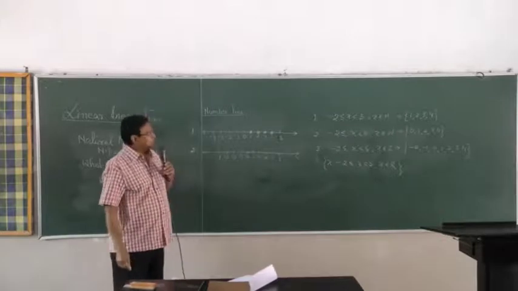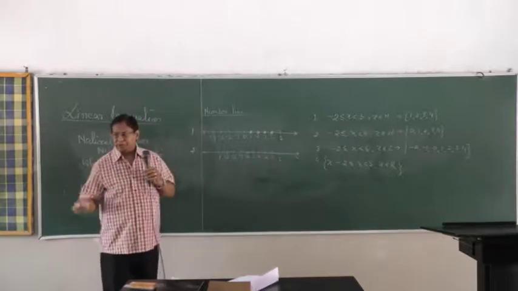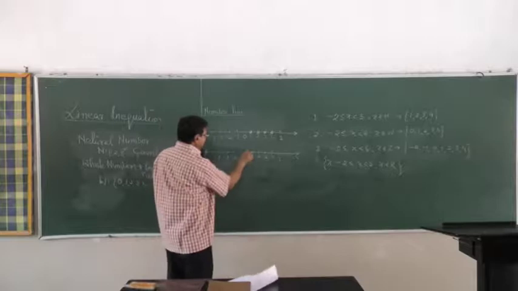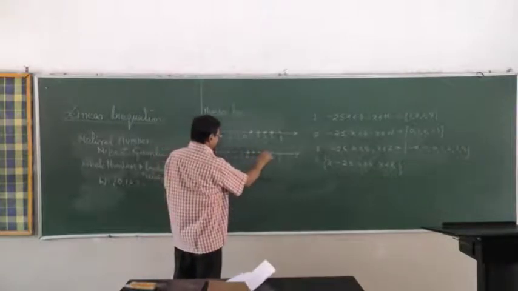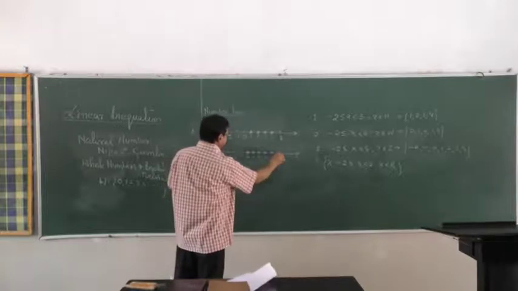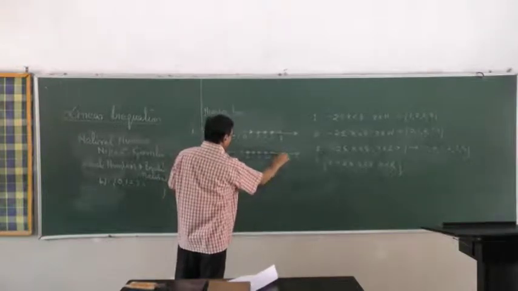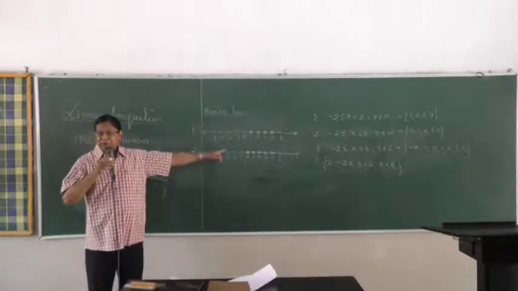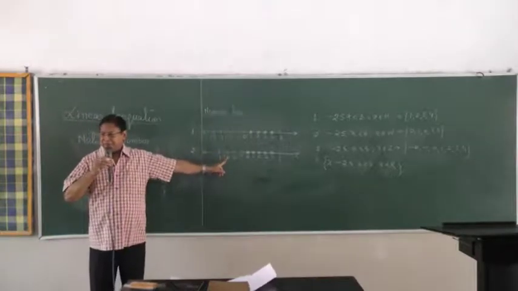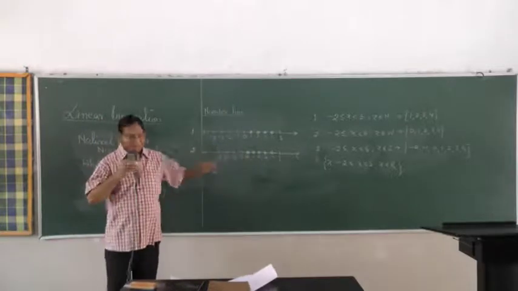Now it's a whole number, so 0 is included. So we mark 0 as well. And here with 0, -1 has to be there. And 5 of course will be there.